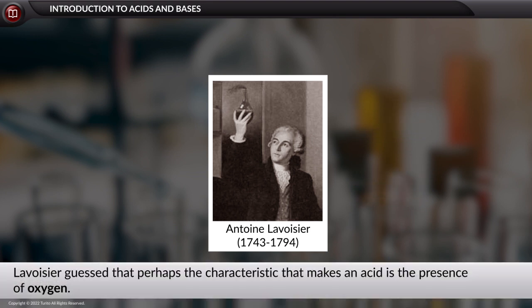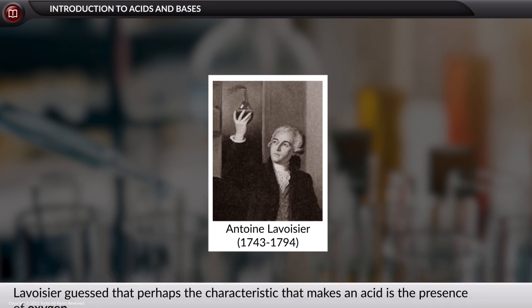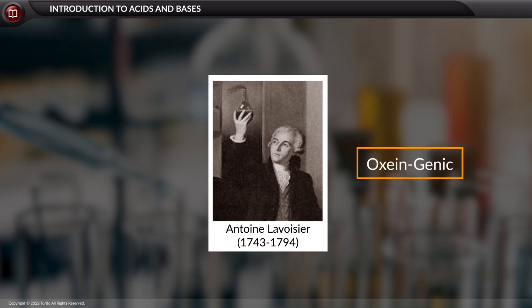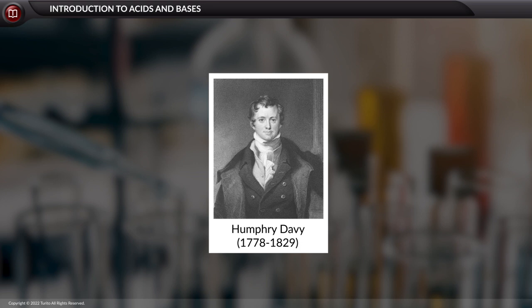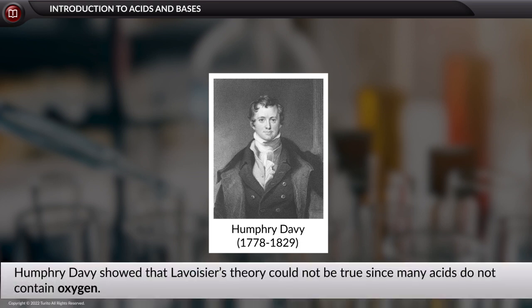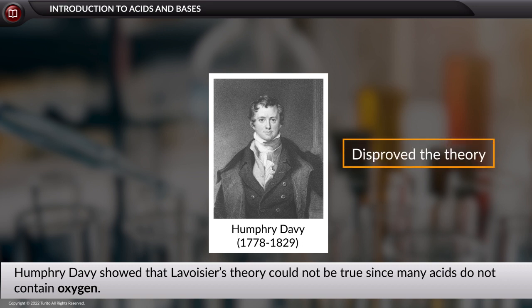He guessed that perhaps the characteristic that makes an acid is the presence of oxygen. He called these oxygenic, from the ancient Greek word for acids, which seemed to connect them to oxygen. However, English chemist Humphrey Davy, 1778 to 1829, showed that this theory could not be true, since many acids do not contain oxygen.